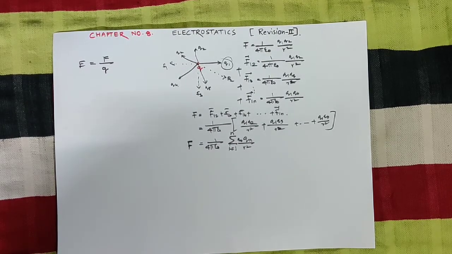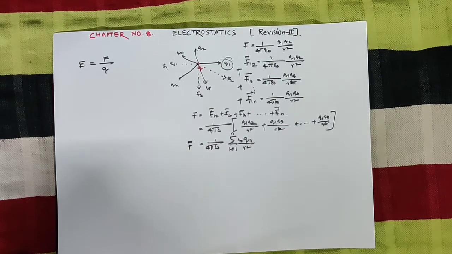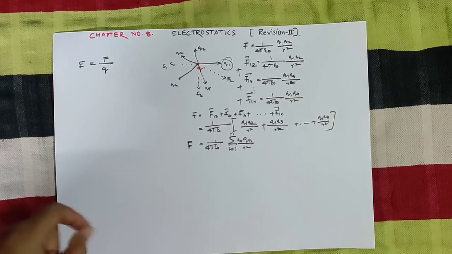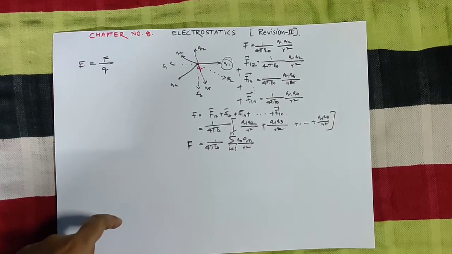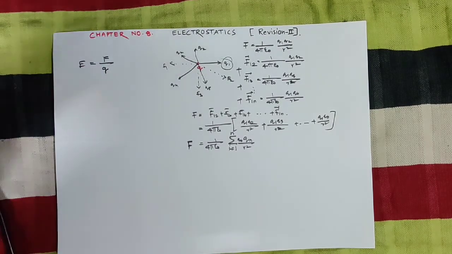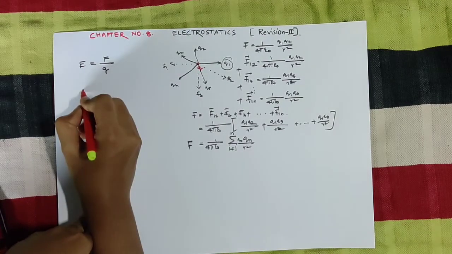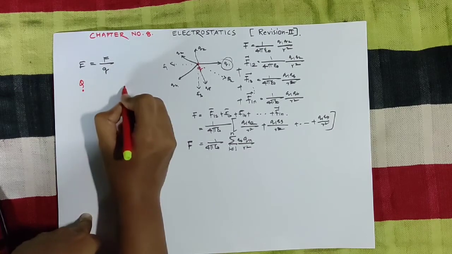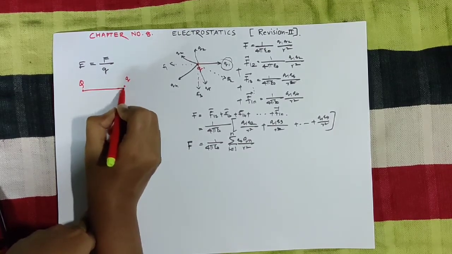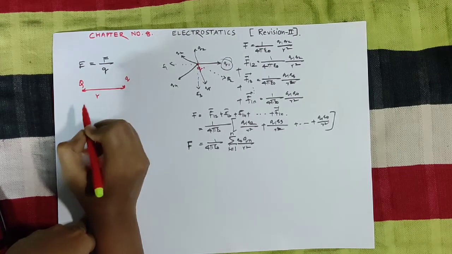Then how do we derive the electric field at a particular point? Consider two charges, capital Q and small q, separated by a distance r. Look here, suppose one of the charges is capital Q and the other charge is small q, and the distance between these two charges we represent by r.